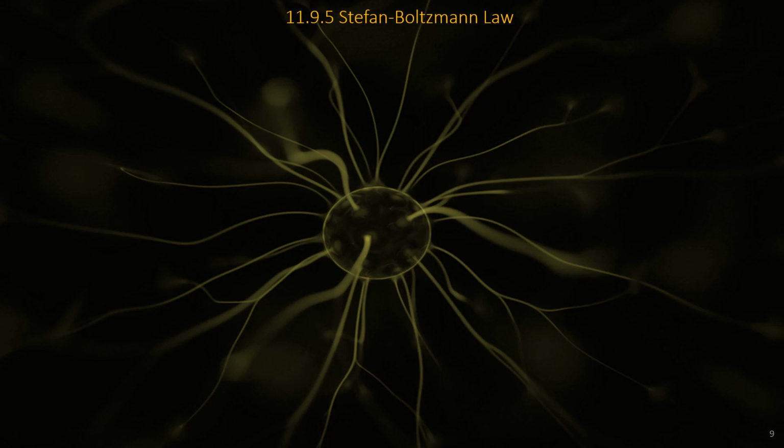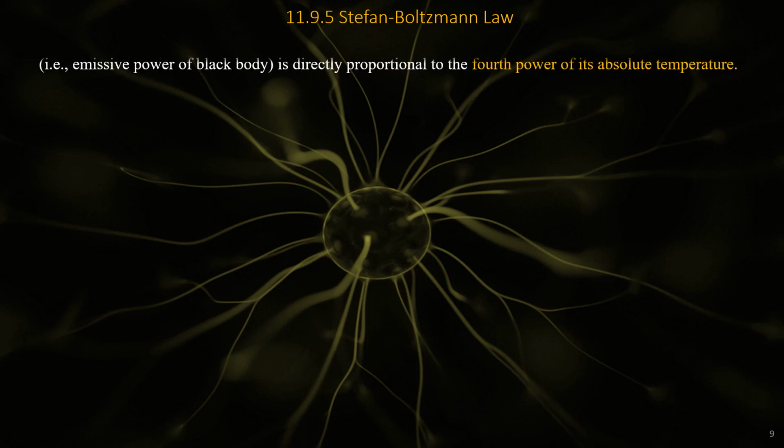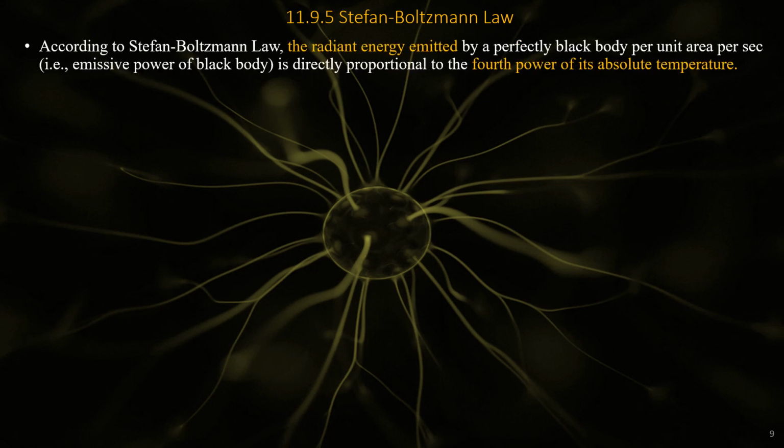Black body radiation can be explained theoretically by the Stefan-Boltzmann law. This law states that the radiant energy emitted by a perfectly black body per unit area per second, that is, the emissive power of a black body, is directly proportional to the fourth power of its absolute temperature.